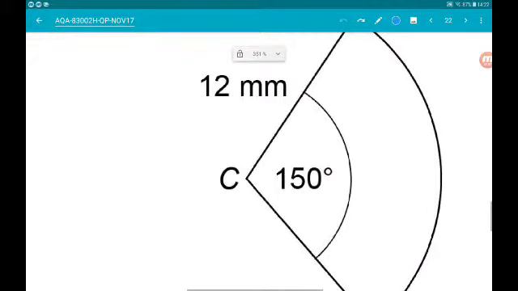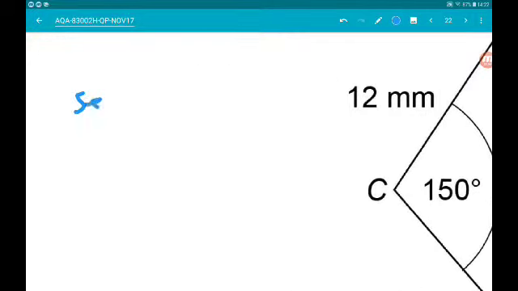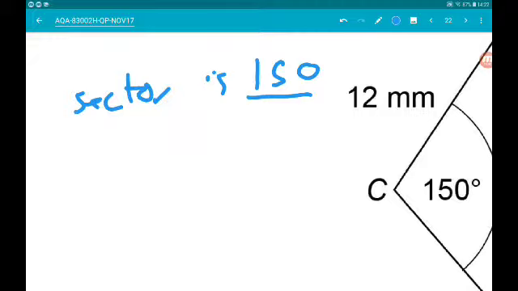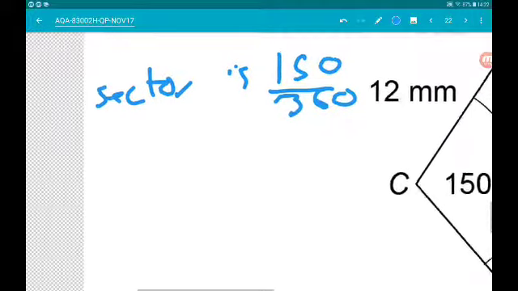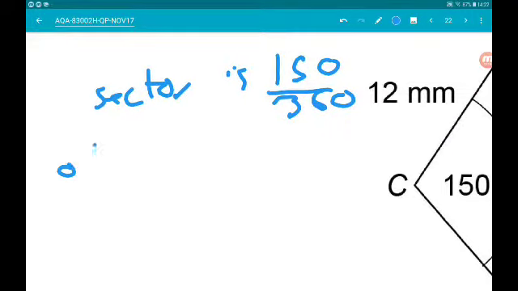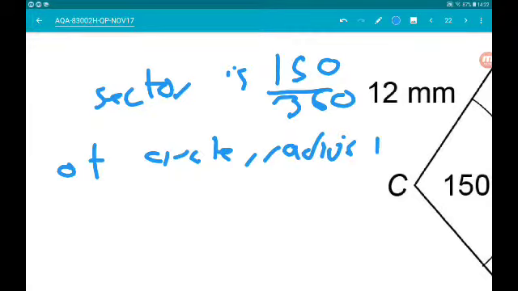So the sector is 150 over 360, because angles around a point total 360, so the sector is 150 360ths of the circle. Of the circle with radius 12.